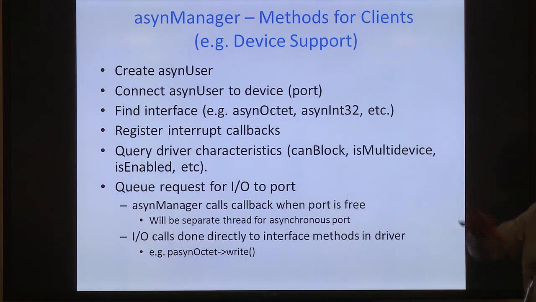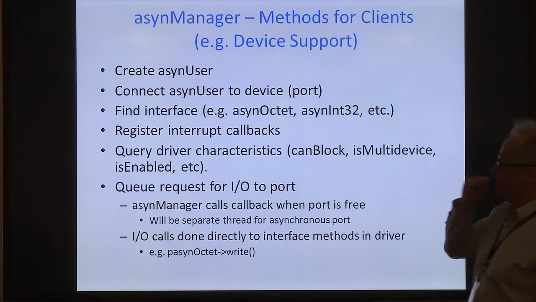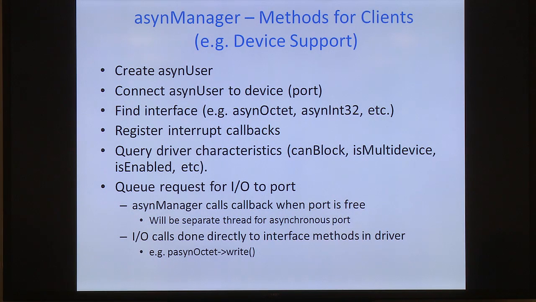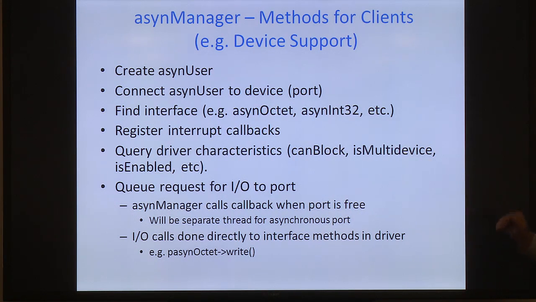Okay, so that was a simple example of how a port driver would set up. For clients, what you do is you create a structure called an asynUser, and I'll explain what that is in a minute. You connect that structure to the port, to the device. Then you find each of the interfaces that you want to communicate over with find interface.